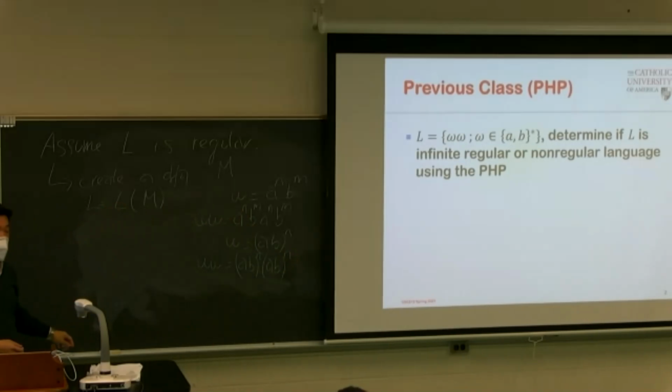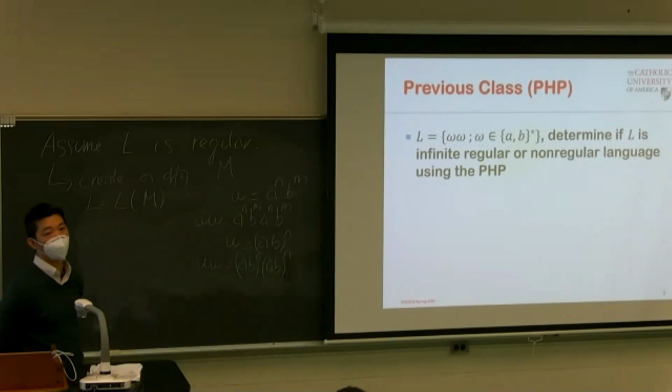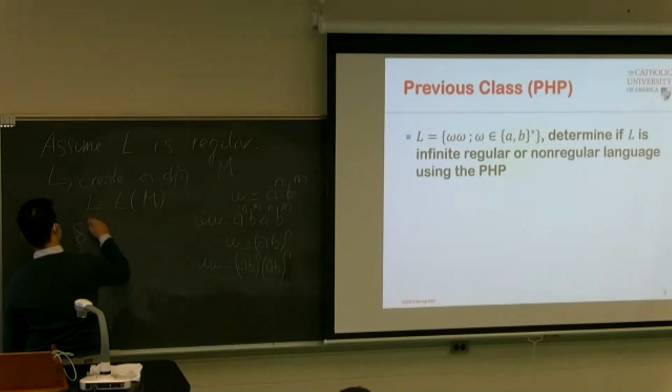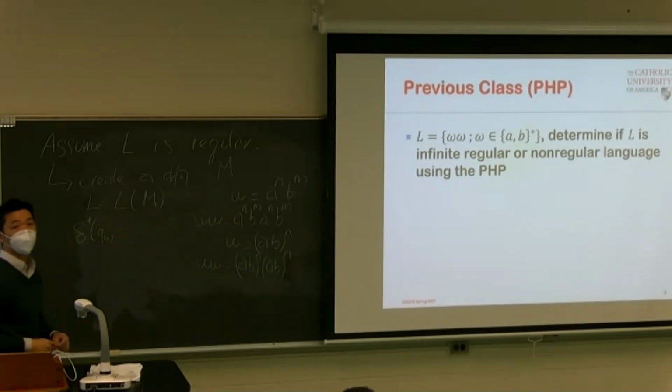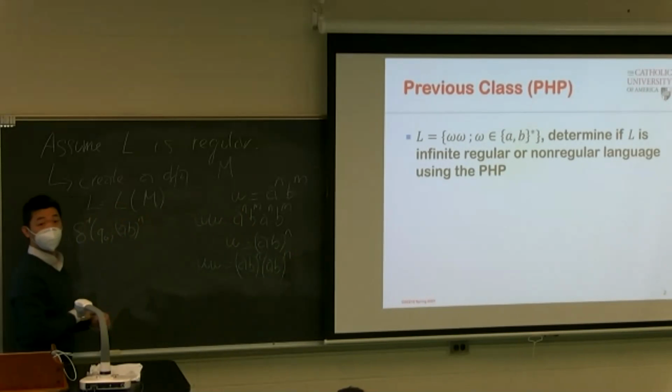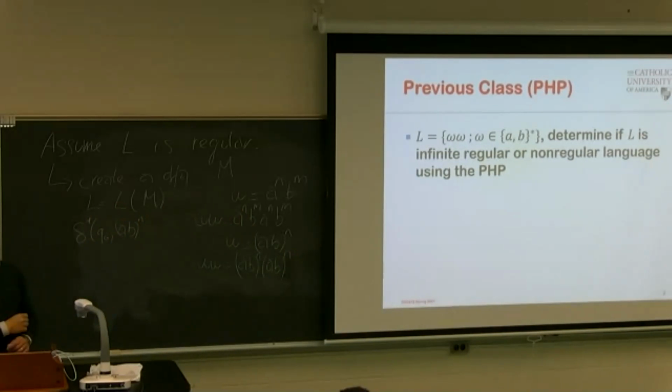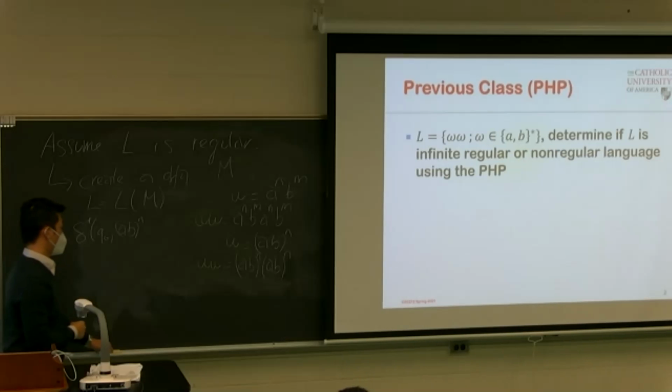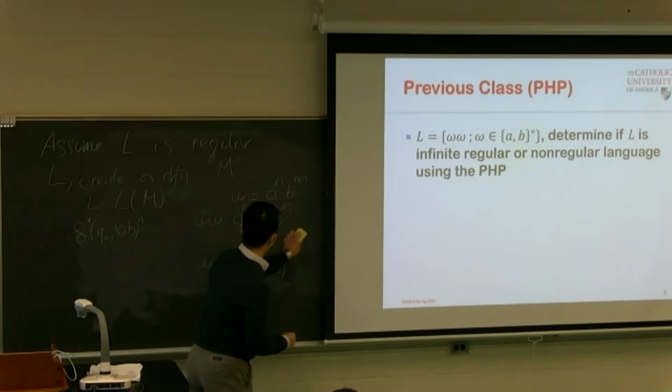Okay, now how do we decide the transition function for this string? Delta star. Not W, or A, B to the N, or A to the N, AB to the N, or A to the N, B to the N. Okay, so then we're not going to use this case.